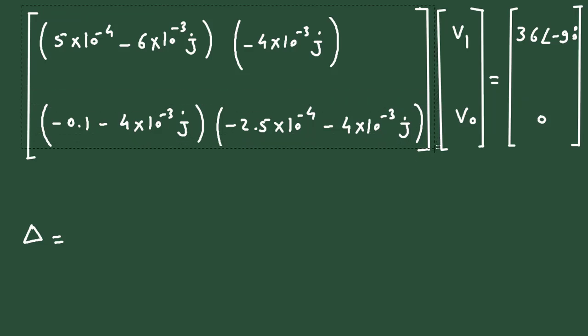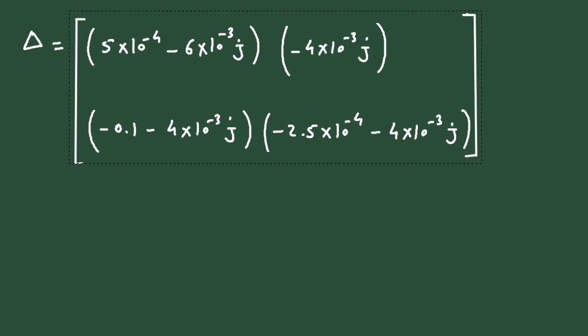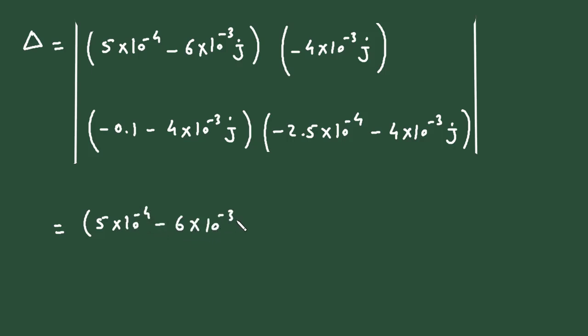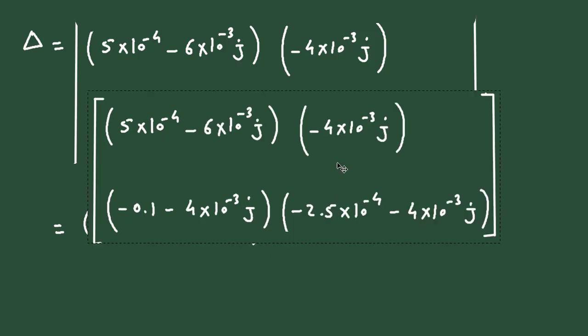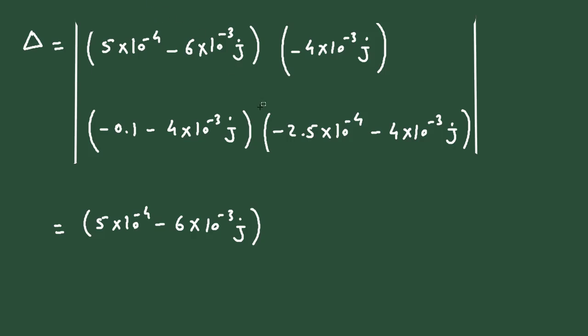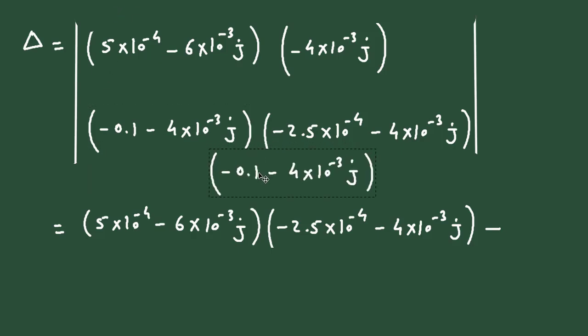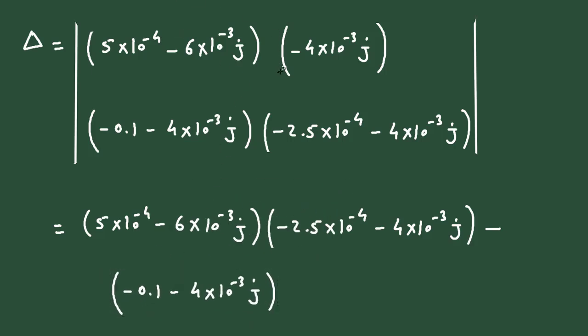So this into this, 5 into 10 to the power minus 4 minus 6 into 10 to the power minus 3 j multiplied with this term 2.5. Then minus this into this.